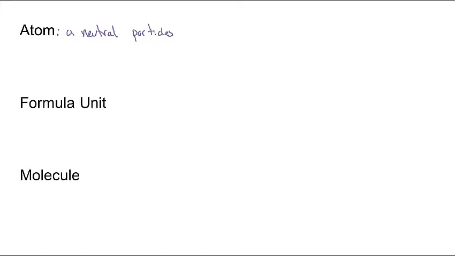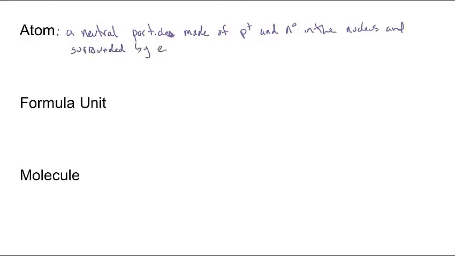So an atom is a neutral particle made of protons and neutrons in the nucleus and surrounded by electrons.